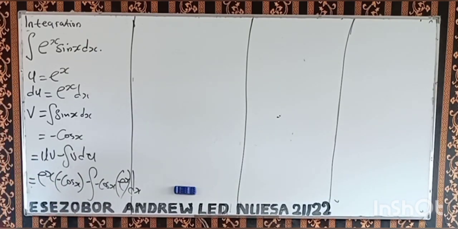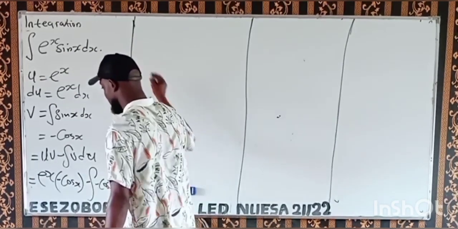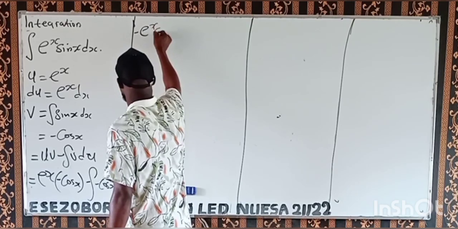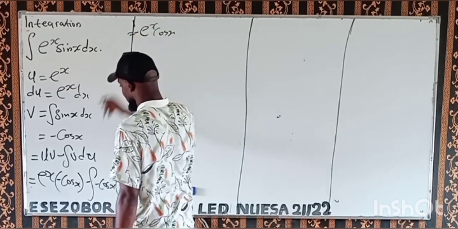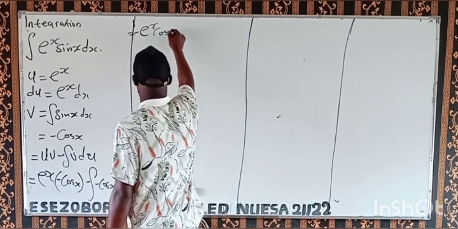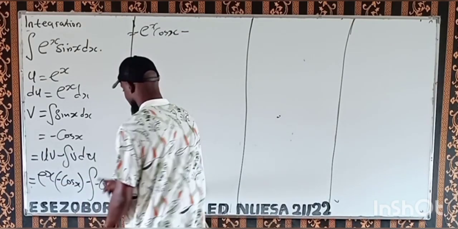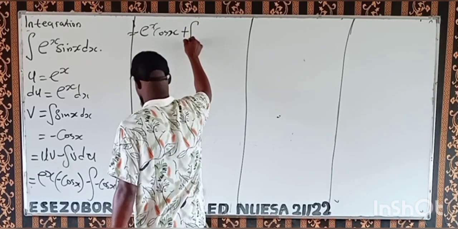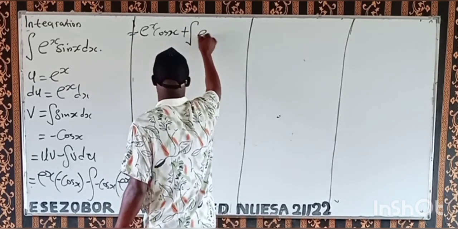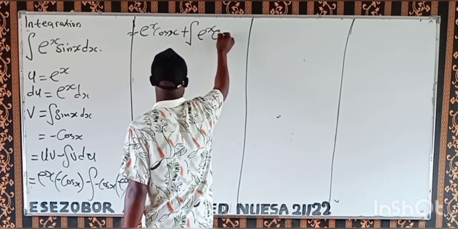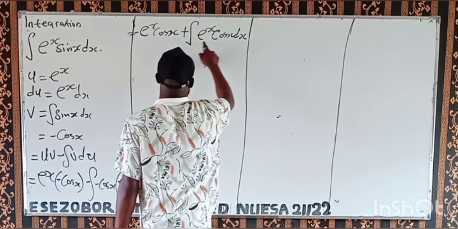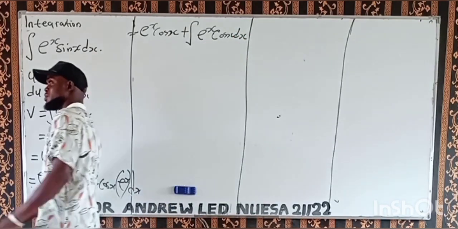So the next thing I'm going to do now, let's write everything. Now minus exponential x cos x minus exponential x cos x. Then you bring this minus out. Minus equals plus integral exponential x cos x dx. You see? If you have another thing, let me integrate.